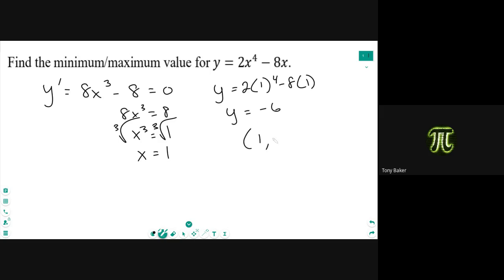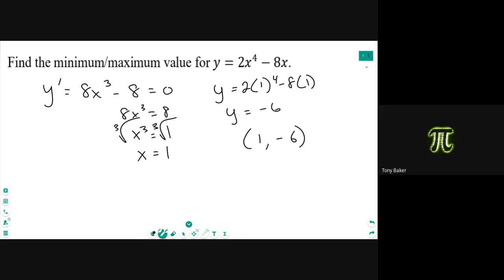So my point is going to be at (1, -6). The question is, is it a minimum or a maximum? How can we determine that? Yeah, we can take the second derivative of it. And that'll tell me at that point if it's negative or positive. That'll give me that value.